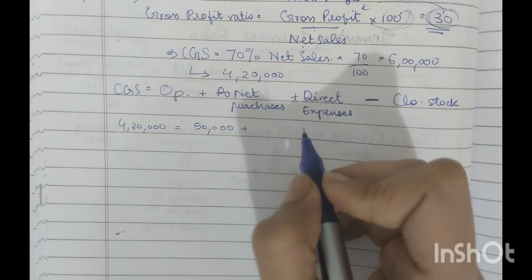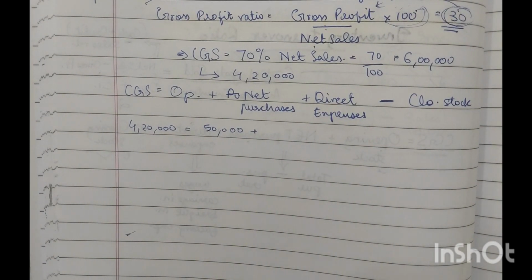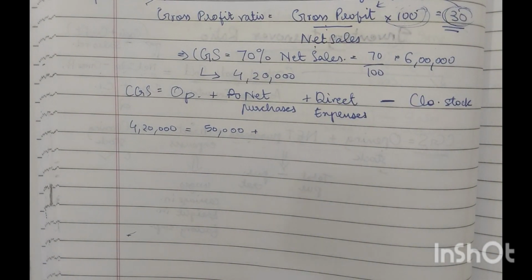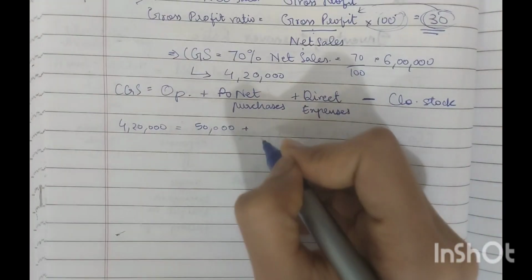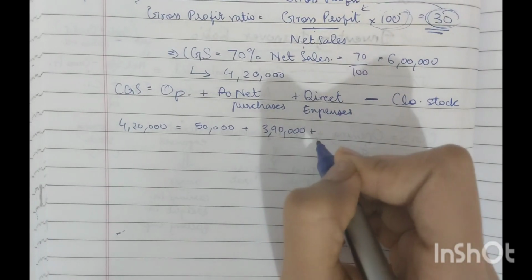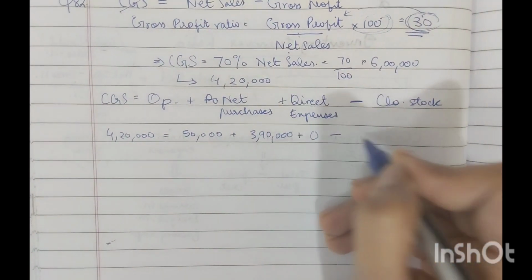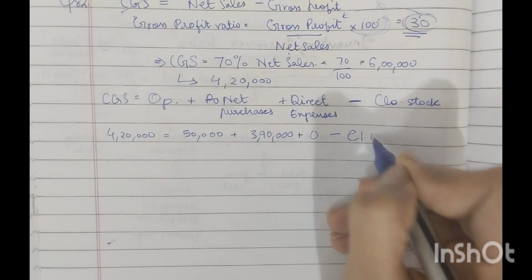Net purchases: they've only given us the purchases amount, but they haven't given any other information related to purchases, so we are taking it to be net purchases, 3,90,000. Direct expenses have not been mentioned, so that ends up being 0. And our closing stock, our closing inventory.